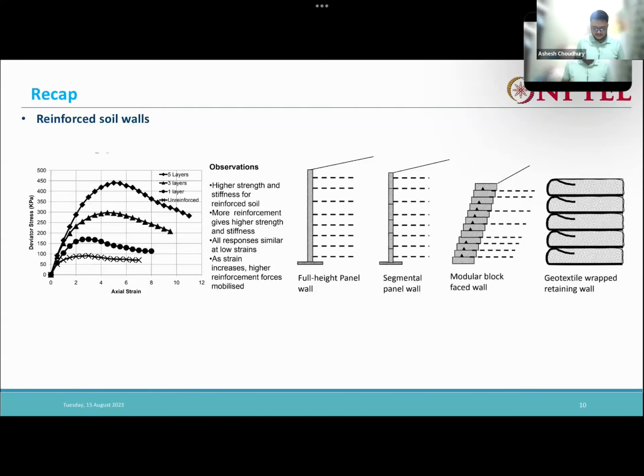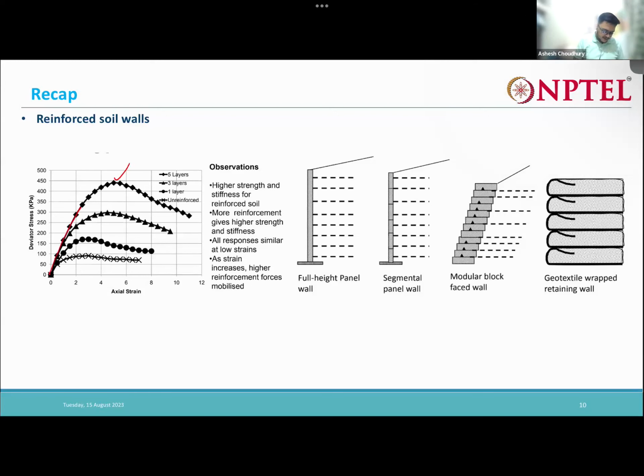Okay, so next, what is the concept of reinforced soil? We had already studied in the previous week the concept of reinforced retaining walls, right? So here you can see if the number of layers of reinforcement is high, then the soil becomes stiffer and stronger, isn't it?